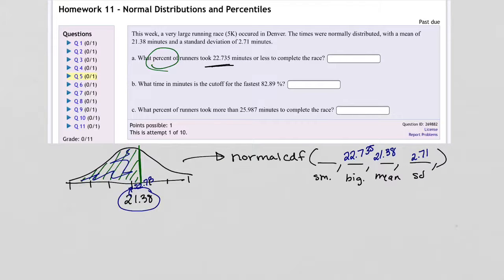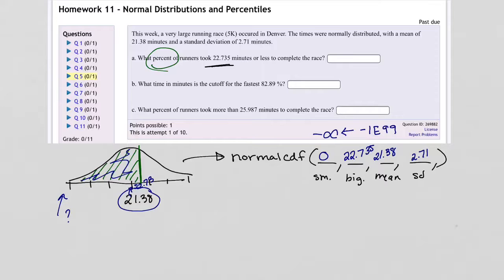The smallest number I'm interested in is somewhere way down here. So you can either use 0. Some people like to think of negative infinity being the smallest race, but can you run a race faster than 0 minutes? No. These end up being the same because you can't run a race that's shorter than 0 minutes. If you are using negative infinity on your calculator, that's negative 1 E99. But I think 0 is a little easier.